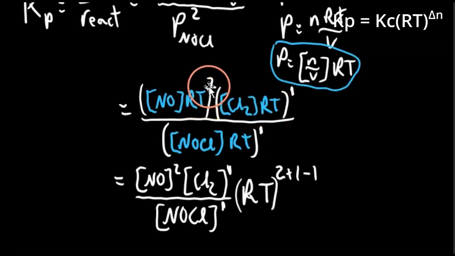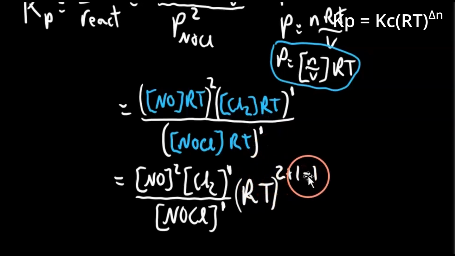And when we multiply powers with the same base, we add the exponents. So 2 plus 1. And when we divide powers with the same base, we subtract the exponents. So 2 plus 1 minus 2.